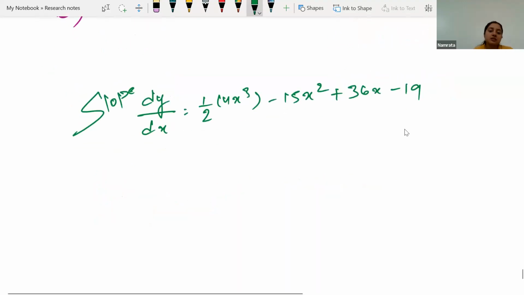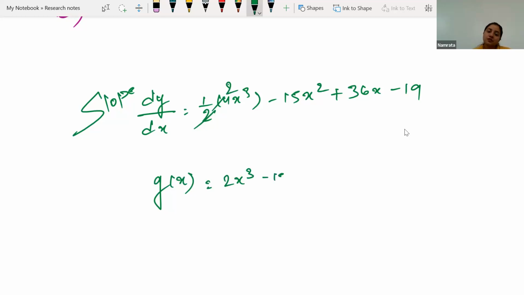Let's say this is gx. gx is 2x cube minus 15x square plus 36x minus 19. We have to maximize this gx, this slope.